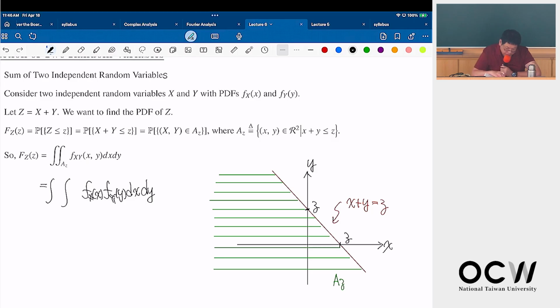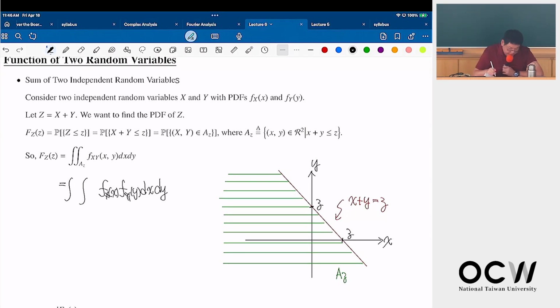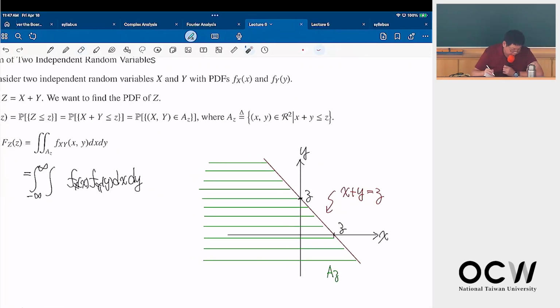Okay, so the x is from minus infinity to infinity. And the y, let's see the y. Let's do the x: x is from minus infinity to here, which will be z minus y.